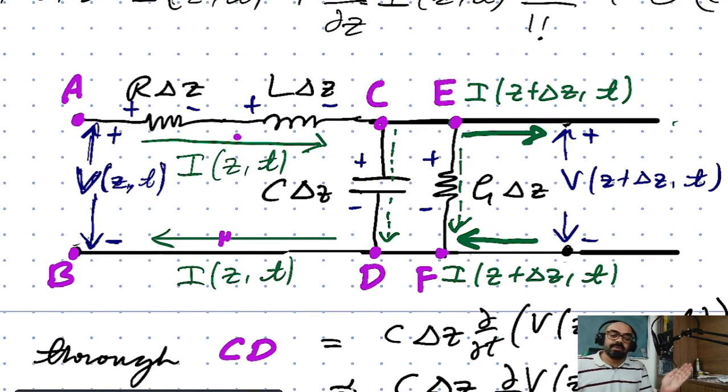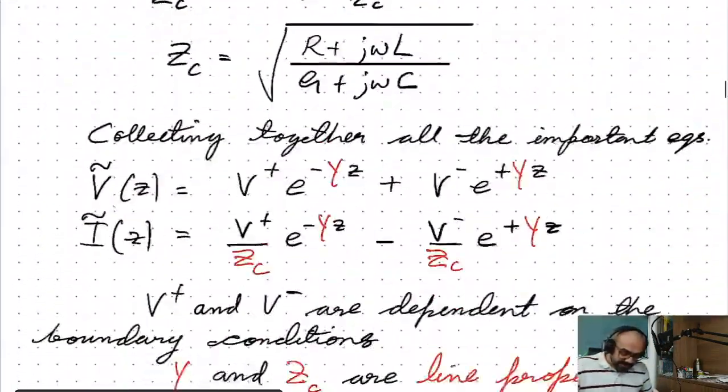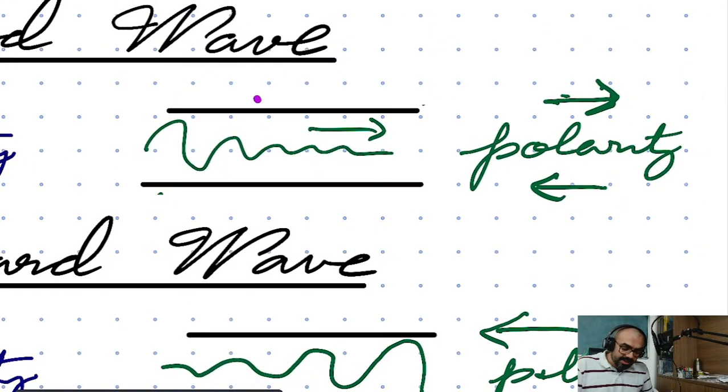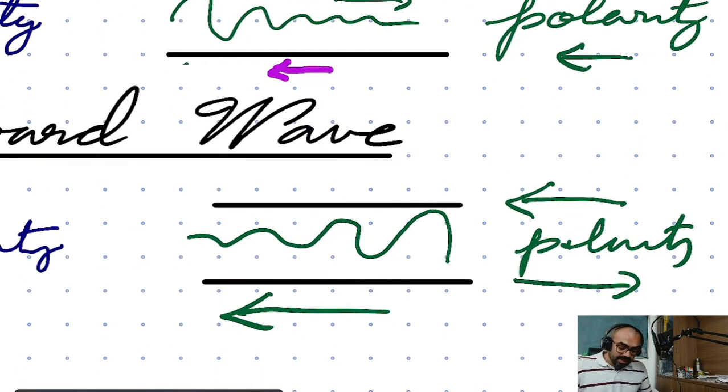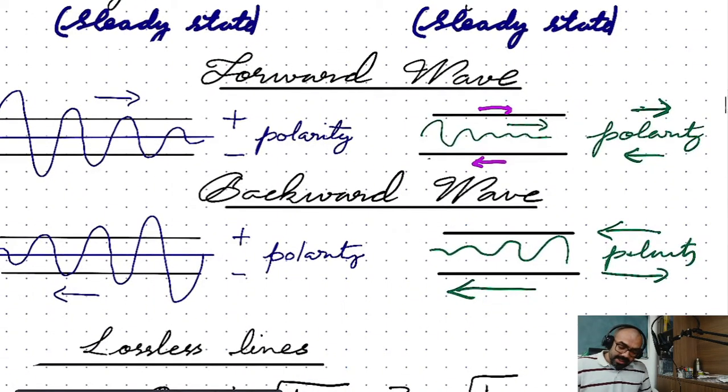Even the forward and reverse traveling currents both circulate throughout the line. The forward traveling component will have this main current and a return current, and the reverse current will also have a similar one, except the polarities are now reversed. So the polarity for the backward current wave is opposite of that. That's why we have a minus sign in the equation.